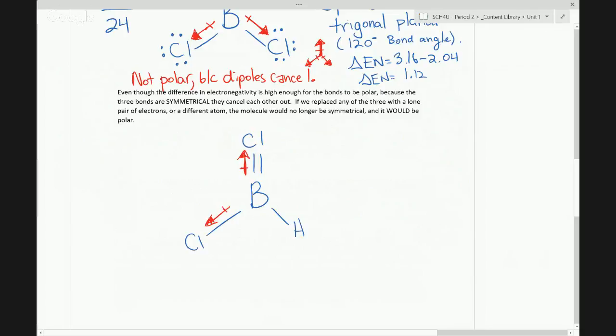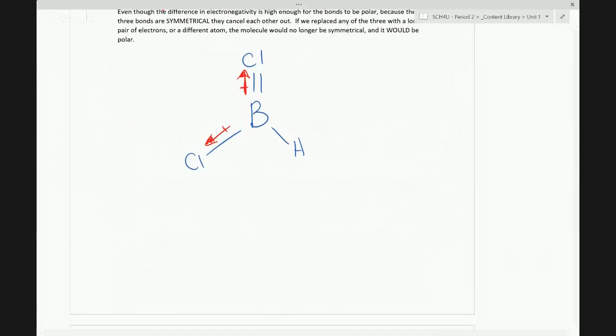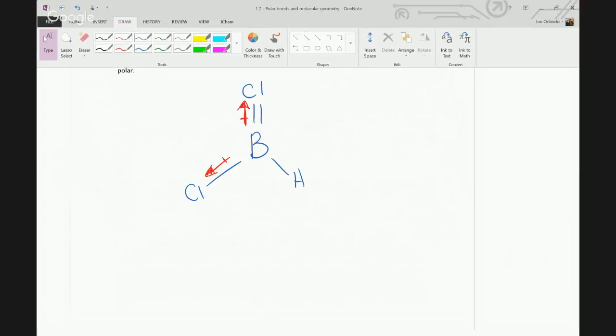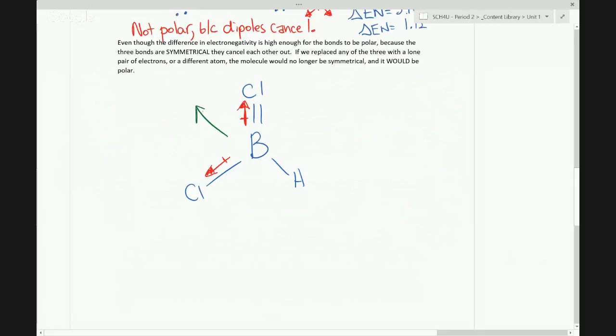And in this case, we would end up with these two adding together to give us an overall movement in this direction. And so we would say that this is polar. All right? Because the dipoles don't cancel.